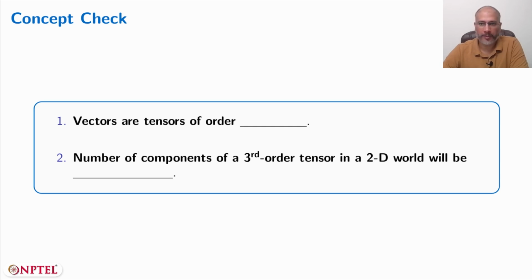Remember that we are saying it's a 2D world, and as I mentioned, the world will be 3D unless I specify otherwise. This is that otherwise situation, where the number of components of a third order tensor in a two-dimensional world will be dash. You have to fill the dash here.